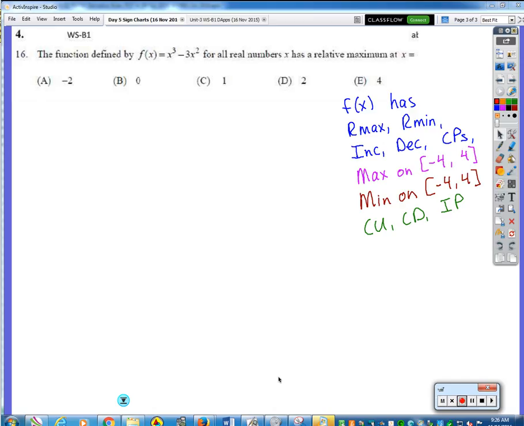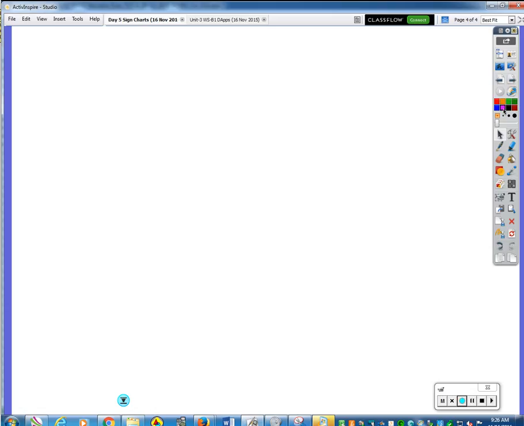We started this last time, and on another sheet of paper, I want you to build a different table. So on a separate sheet of paper, create this table here.